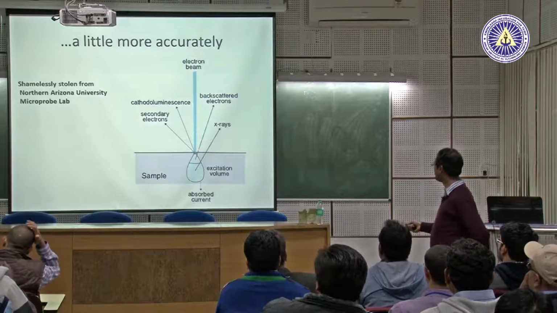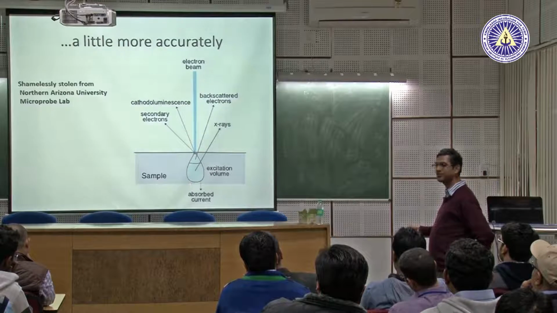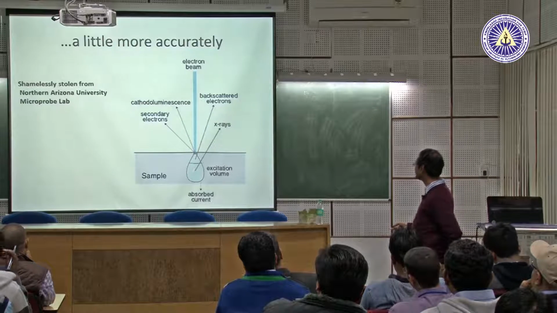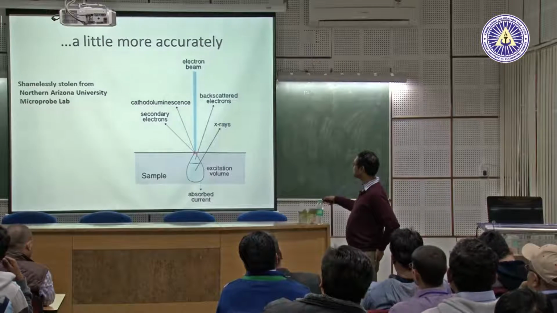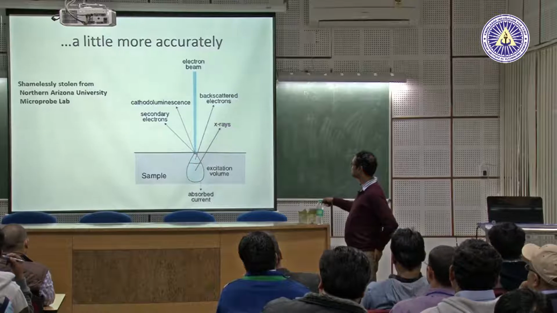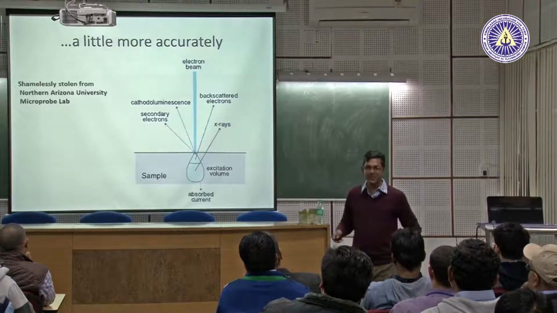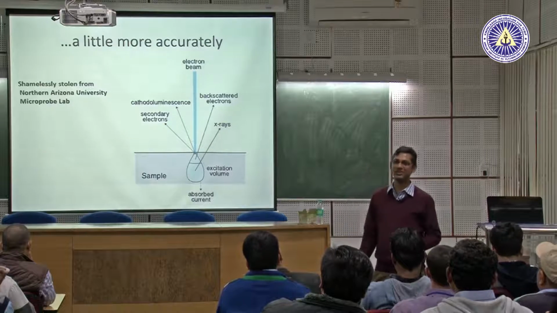So you have the electron beam, a very small width, you can see here, but the interaction volume is very large. All your X-rays will come out from this. In fact, this is a very important picture. Secondary electrons come from this part only, backscatter electrons come from this part, and this is it. Therefore, backscatter images which you see in real life are not only from the surface, this is quite deep from the surface.